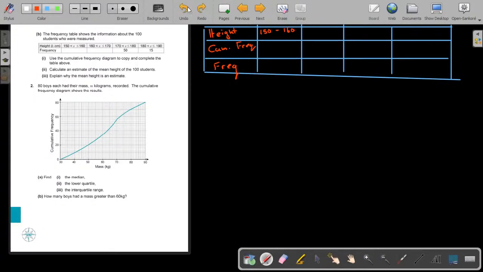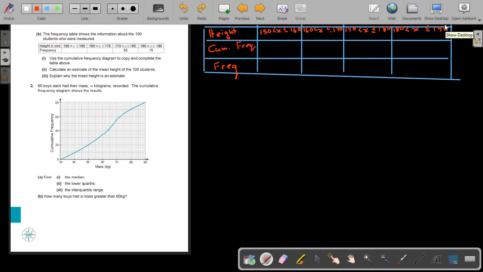Okay, let me rather write it nice. So this is going to be 160, this is going to be 160, and it's going to be 170. This is going to be 170, and this is going to be 180, and this is 180, and this is 190.